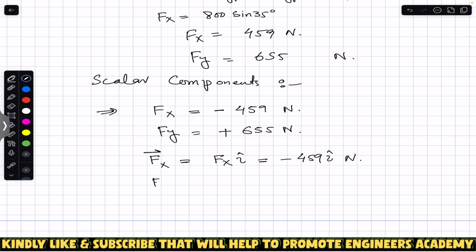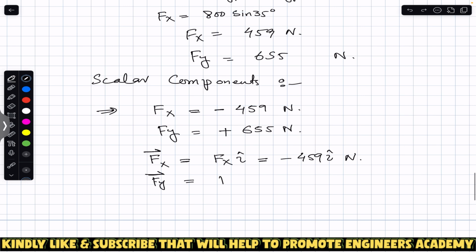And similarly f of y vector will be equal to f of y unit vector j, which is plus 655 j Newton.